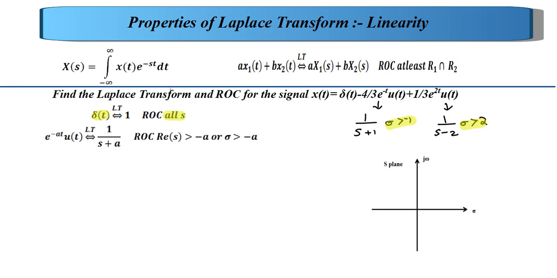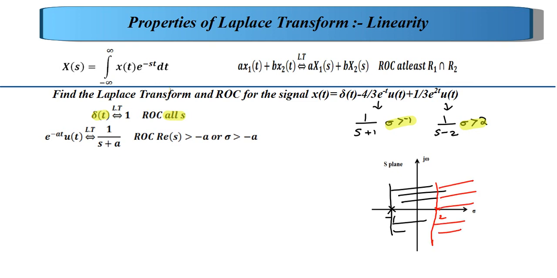So we need to combine these two results. So finally you can verify here. One signal has its pole at minus 1 and it is greater than minus 1, means towards right, and the second signal, the pole is at 2 and again sigma greater than 2.